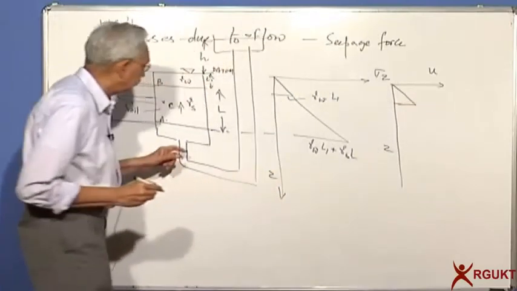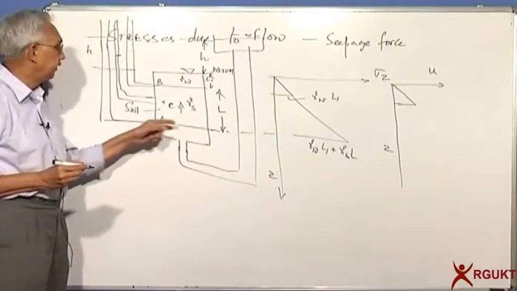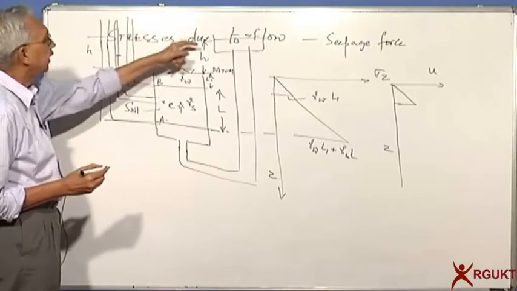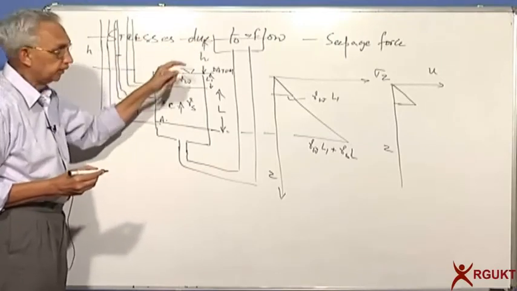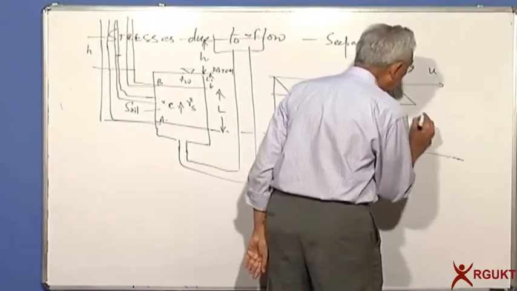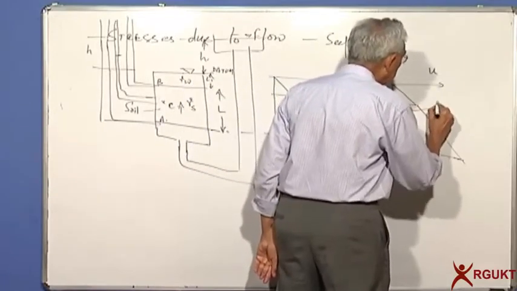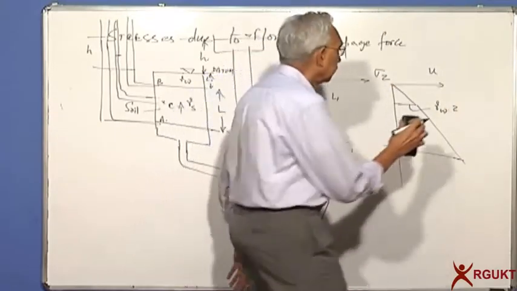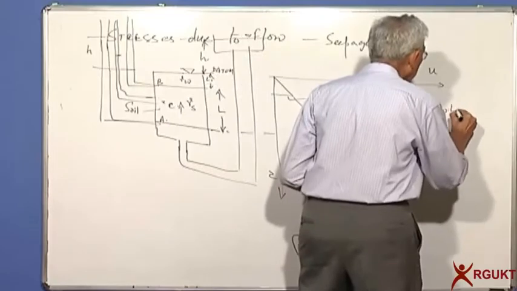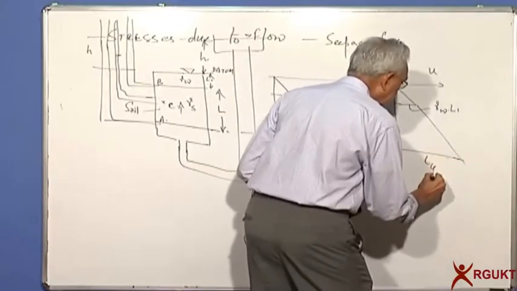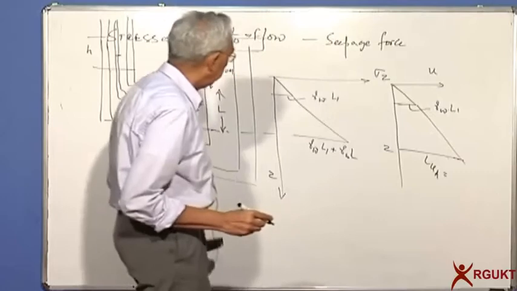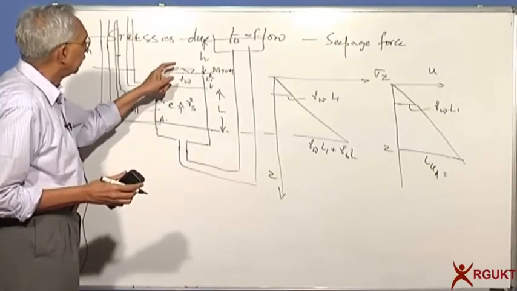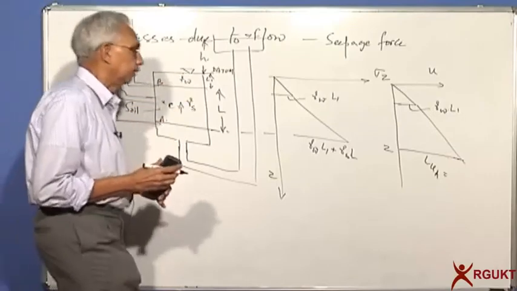But what will be the pressure here is equal to L plus L1 plus H, the net head loss. So you will find that this is equal to gamma W into L1, whereas this pore pressure at point A will be equal to gamma W into H plus L1 plus L.